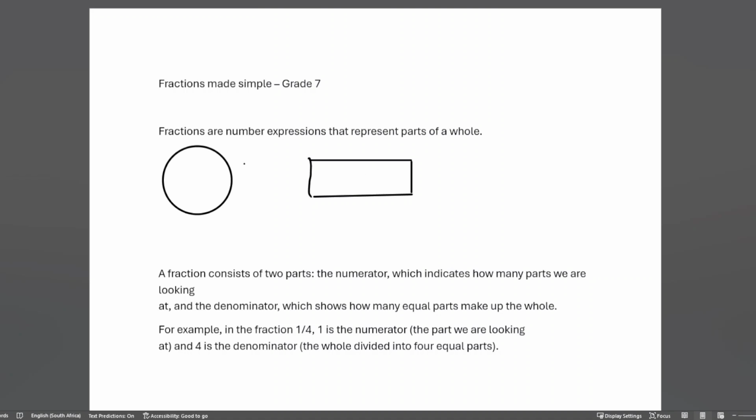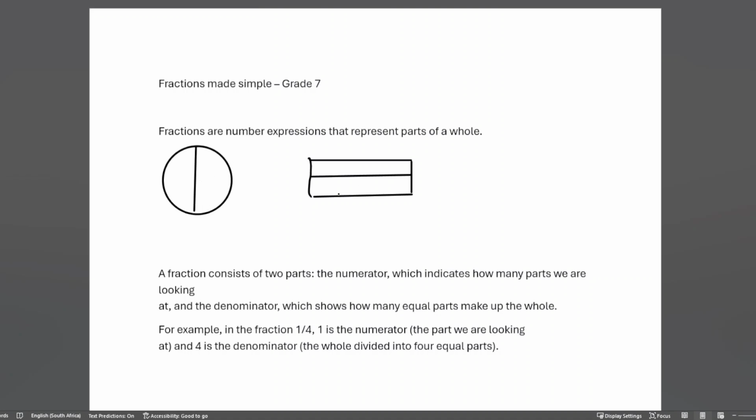So as they say, fractions are number expressions that represent parts of a whole. So we would divide this whole into two, and we'll also divide this whole into two, right? So one is a part of a whole, the other one is also a part of the whole.